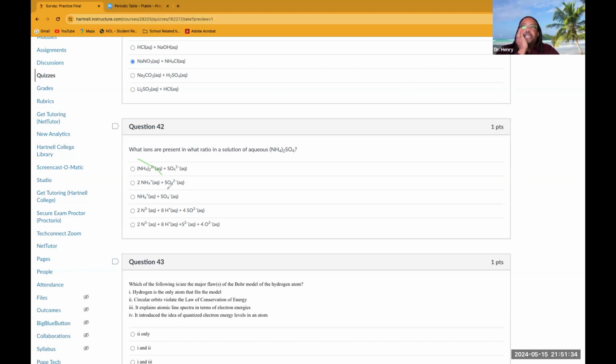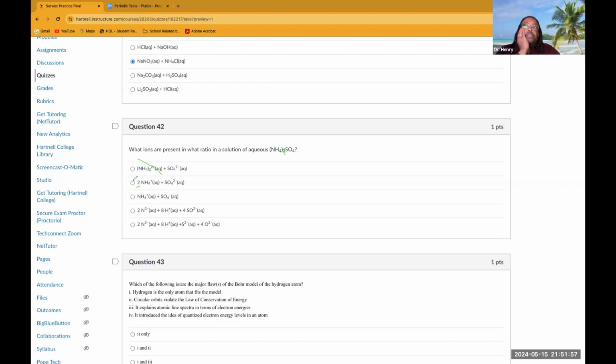So then what about this one? It normally has its subscript, right? Because it's ammonium. But shouldn't it break up? It did break up, so that's why we have two. Okay, because there's two here, now they're separate.